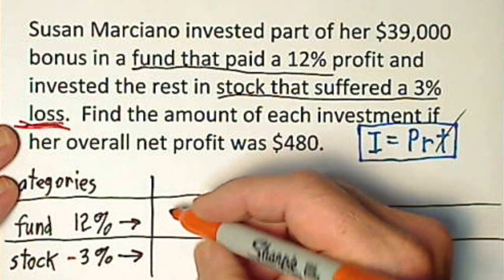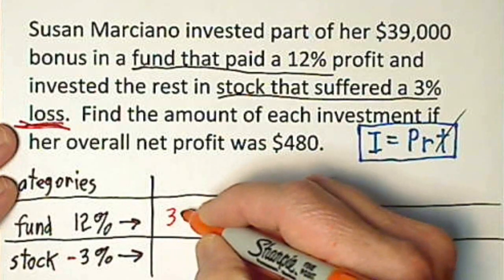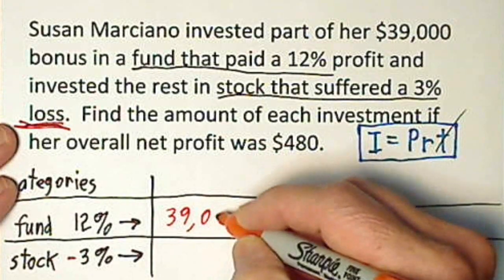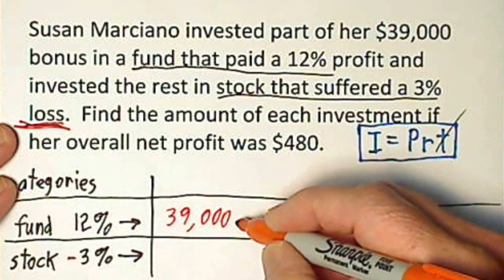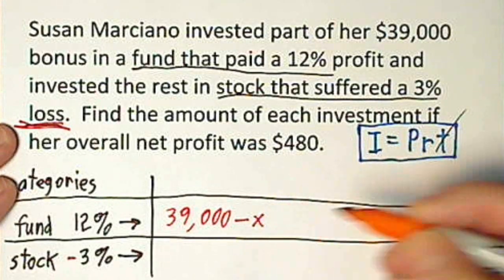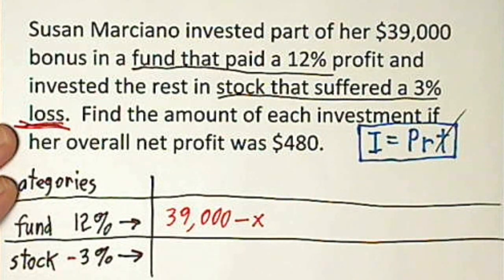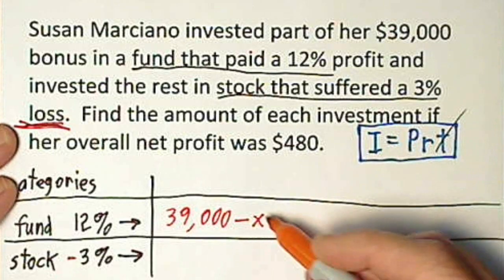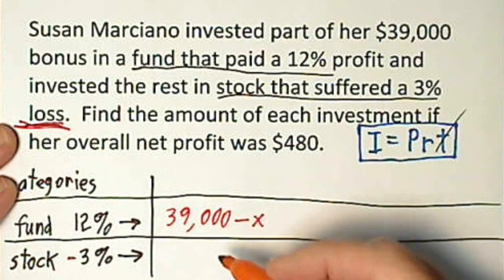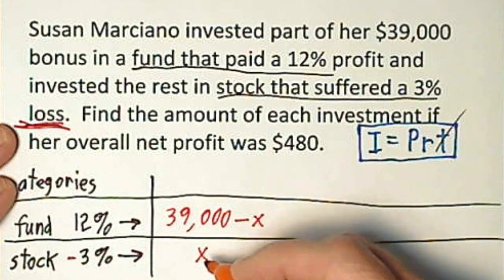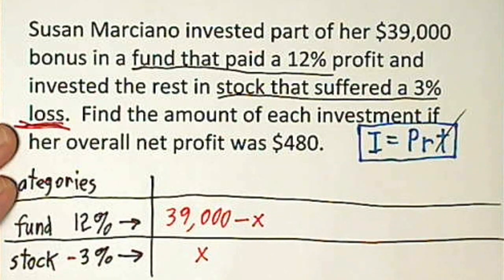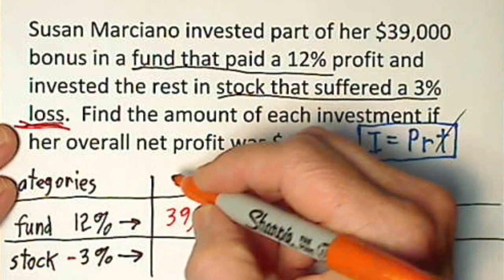I can say that she invested $39,000 minus some amount. And whatever she didn't put at the 12%, she did put down here where there was a loss. All right. So I'll say amount invested.